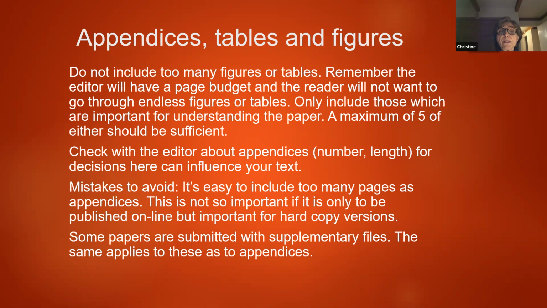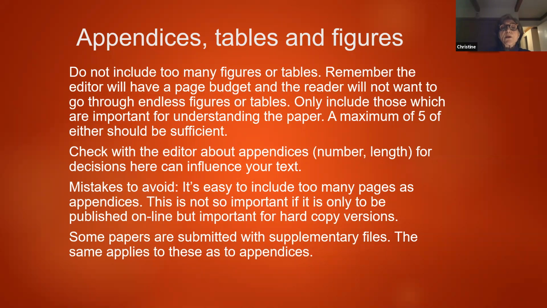You also want to check with the editor about appendices, how many and what the length of those can be, because these decisions can influence your text. You want to avoid too many pages as appendices. You don't want more appendices than the length of your paper, of course.